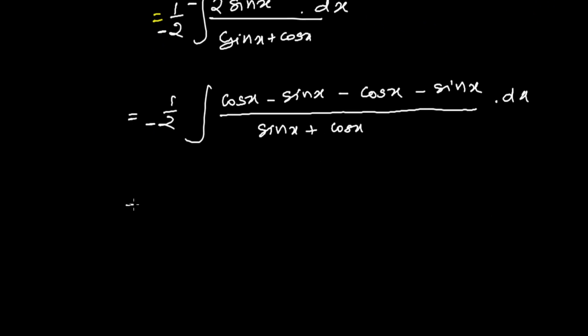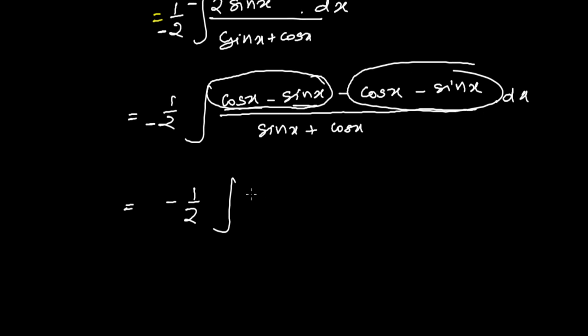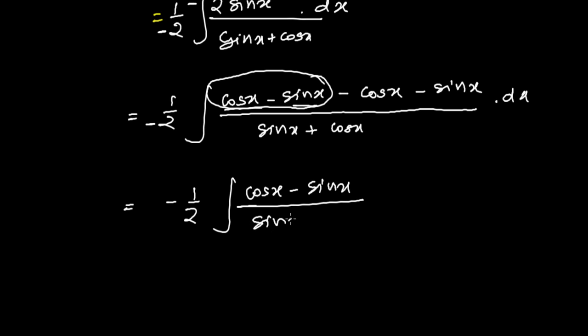Further, minus half, right, cos x minus sin x. Now I'm going to take this as one term and this whole as another term. So first, let me write that cos x minus sin x divided by sin x plus cosine of x dx. All right, we finish with that term.